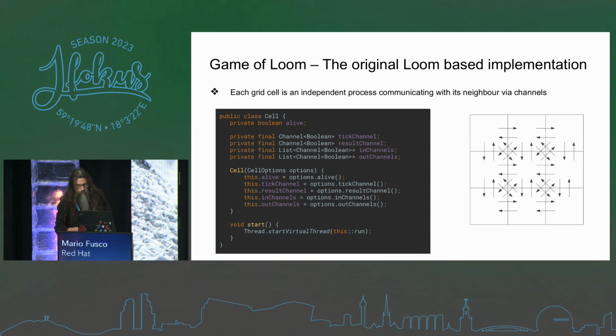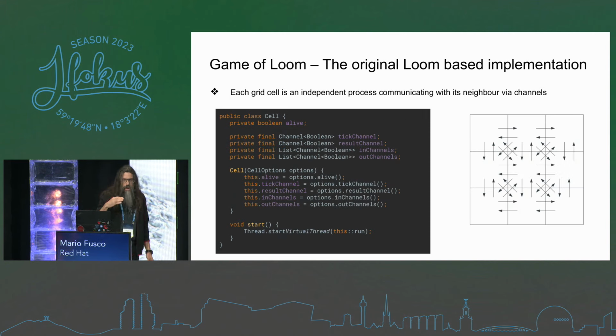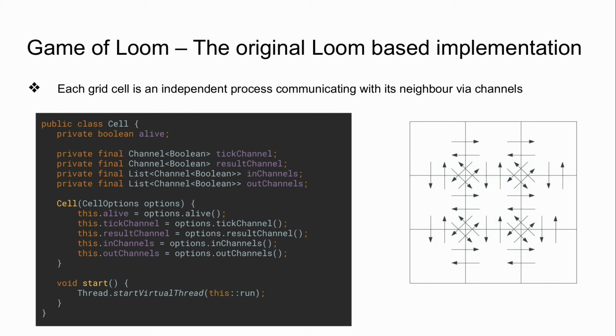Okay, so this is how a cell in this game of life is made. A cell, of course, needs to communicate with all its neighbors to know their state and calculate its next state based on the state of the neighbors. So you have two sets of monodirectional channels. One set is used by the cell to communicate its own state to the neighbors, and the other set is used in the other direction, to read the state of the neighbors.